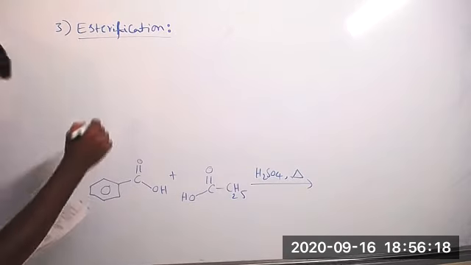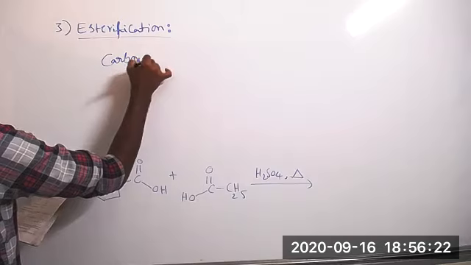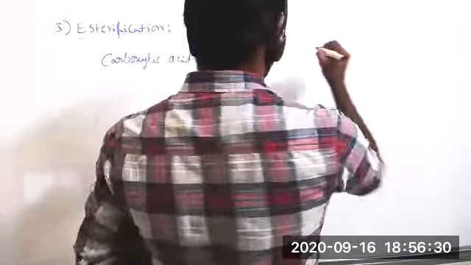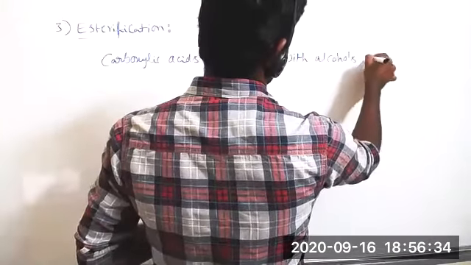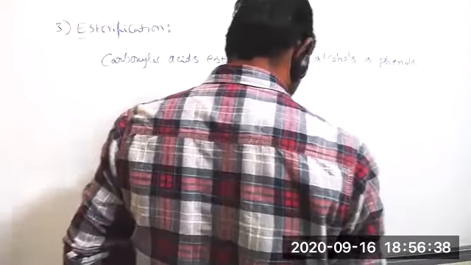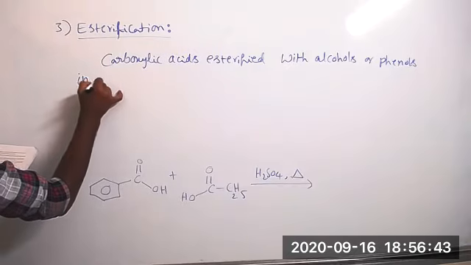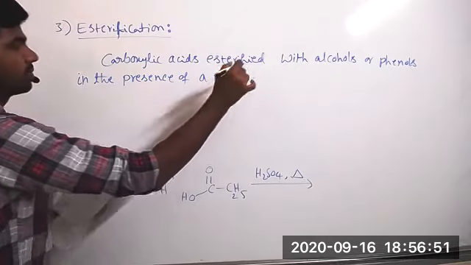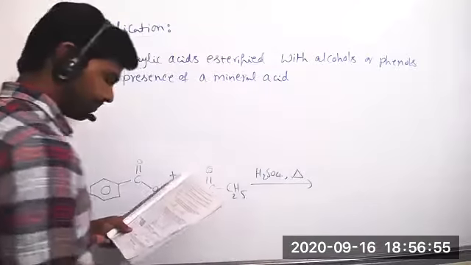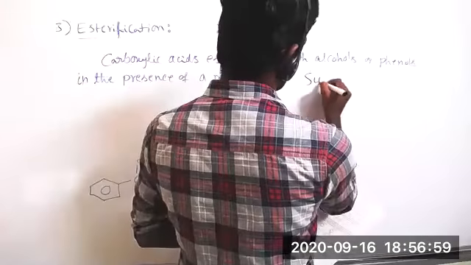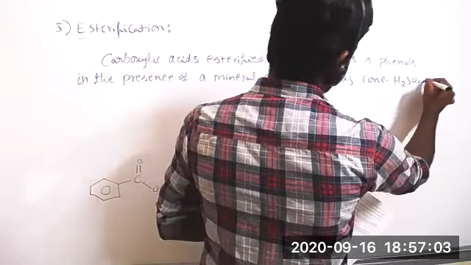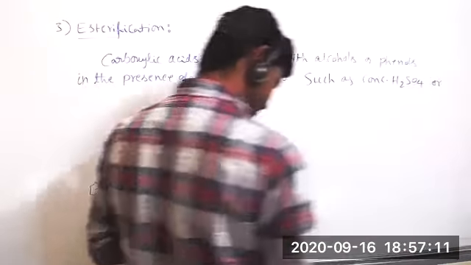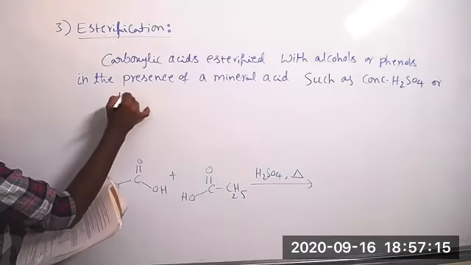So carboxylic acids are esterified with alcohols or phenols in the presence of a mineral acid such as concentrated H2SO4 or HCl gas as a catalyst.